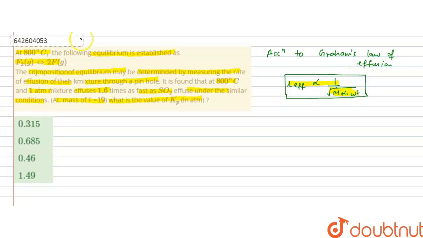Now we are given that this equilibrium mixture effuses 1.6 times faster than SO2. So we can write: the rate of effusion of the mixture divided by the rate of effusion of SO2 is equal to the square root of the molecular weight of SO2 divided by the molecular weight of the mixture. The rate of effusion of the mixture is given as 1.6 times R, the rate of effusion of SO2, so we can put this value here.